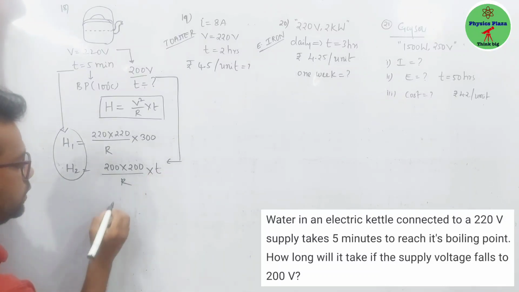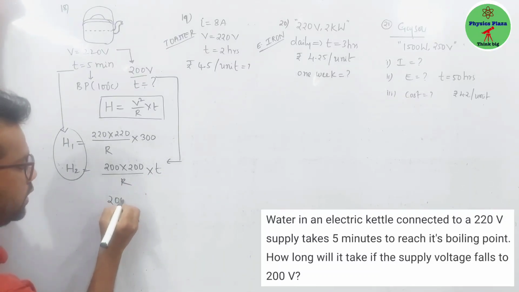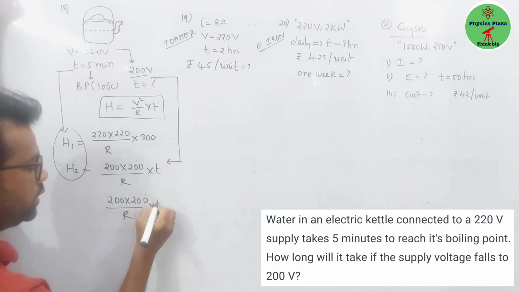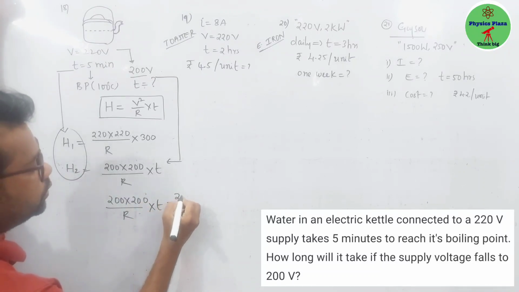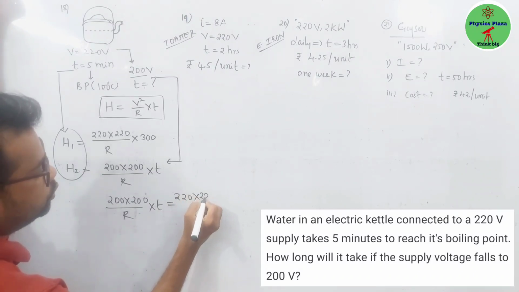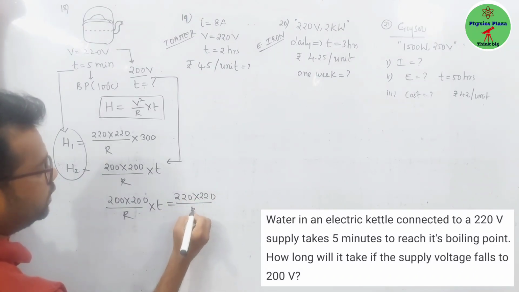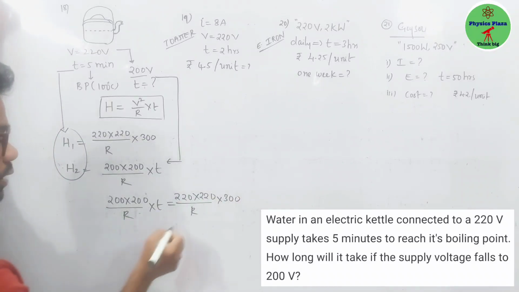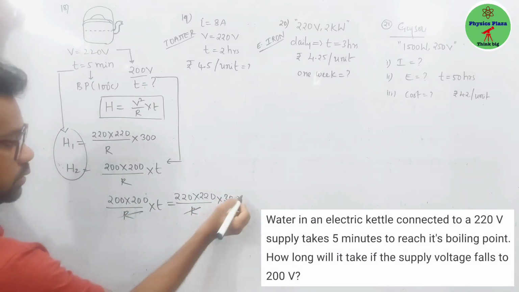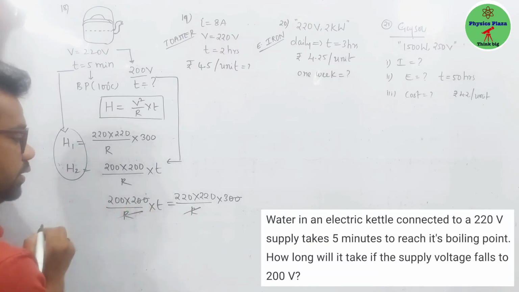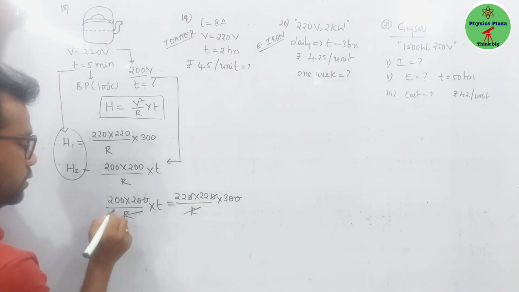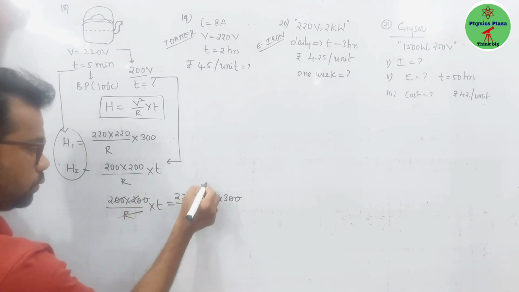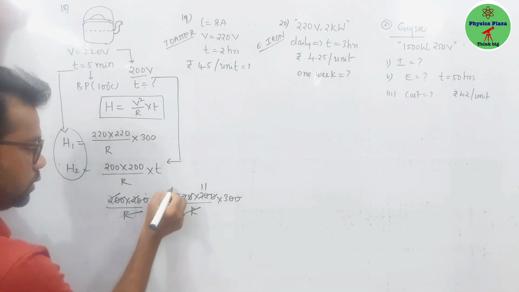Look at here. So 200 into 200 by R into T is equal to 220 into 220 by R into 300. Let us calculate this. R will get cancelled. 2 zeros will get cancelled. 2 ones are 2, 11s are 121.